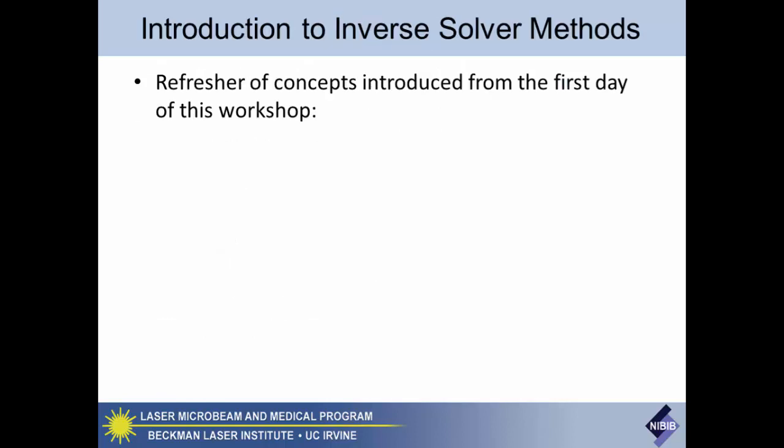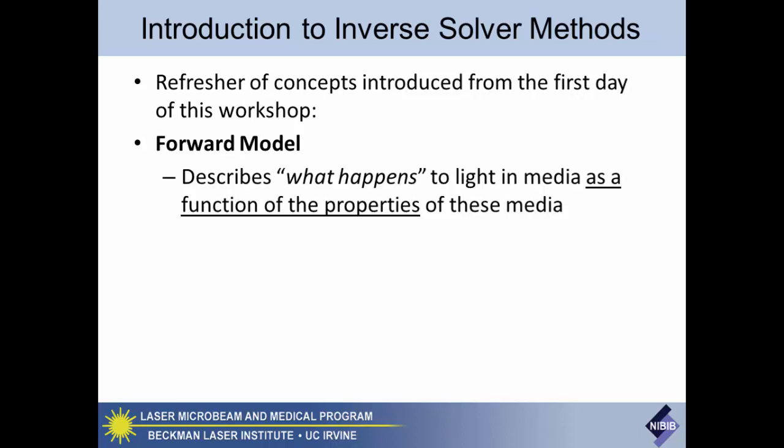So, introduction to inverse solvers. These are concepts that were brought up on the first day and probably yesterday and even maybe in Boston's talk this morning. The forward model describes what happens to light in the media as a function of the properties of that media.